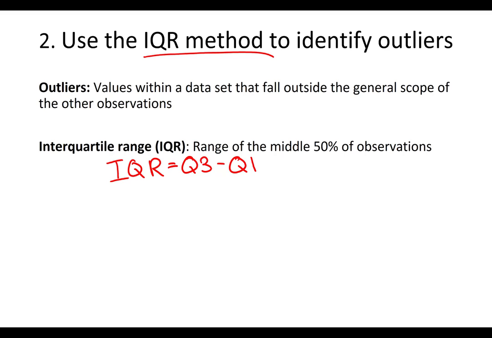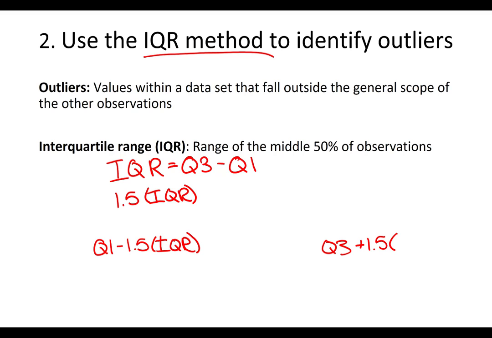Any observations that fall outside of those fences are considered to be outliers. Each fence is 1.5 times the interquartile range. Any observations that are beyond Q1 minus 1.5 times the interquartile range, or Q3 plus 1.5 times the interquartile range, are considered to be outliers.